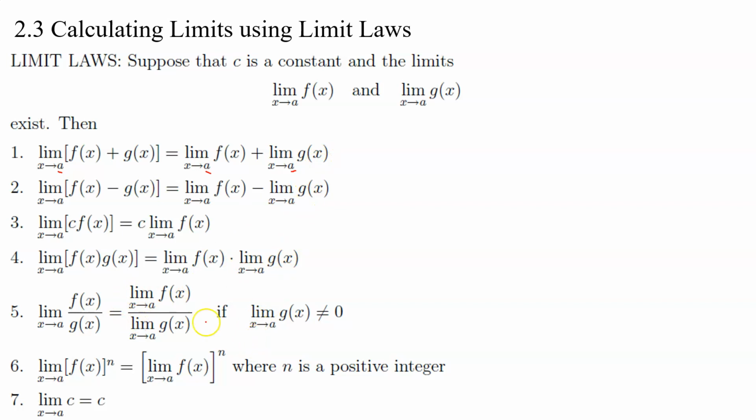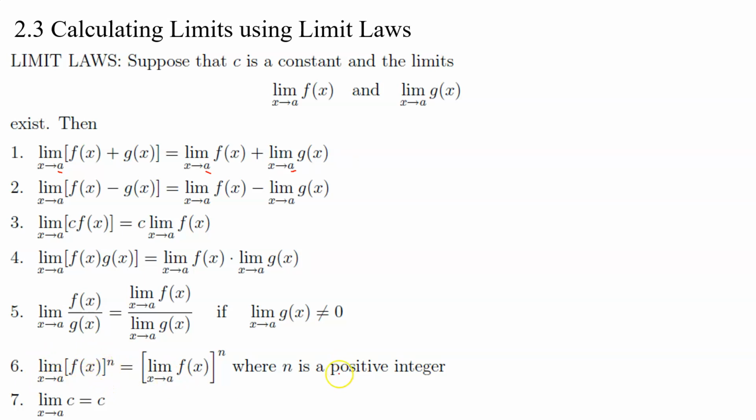Okay, and for this division, remember the limit of g(x) must be not equal to 0. Okay, kita tidak boleh, yang bawah ni tidak boleh sama dengan 0, otherwise you won't get any answer. Okay, it is invalid. And then number 6, when you have a limit and then to the power of n, this is actually equal to the power of the whole limit.